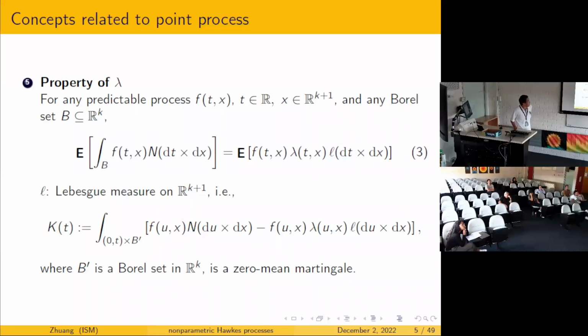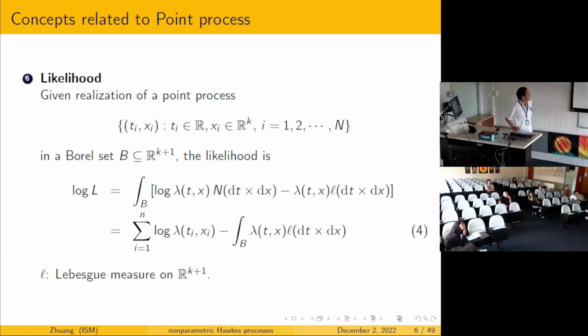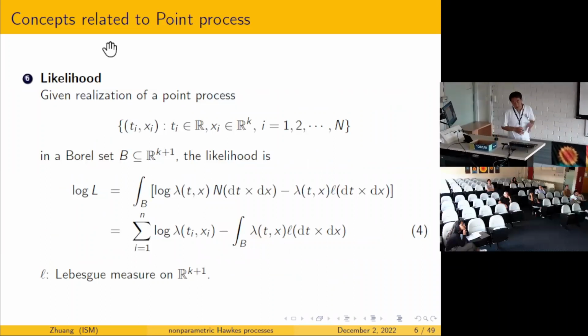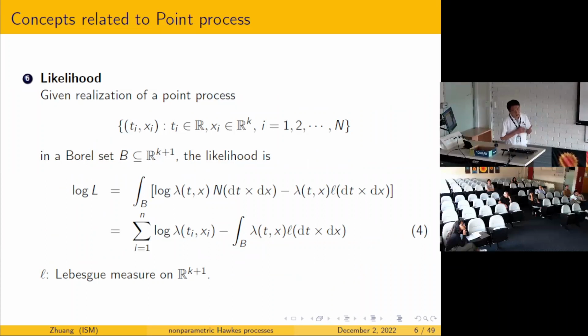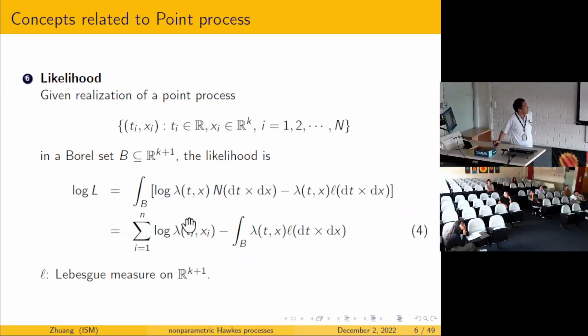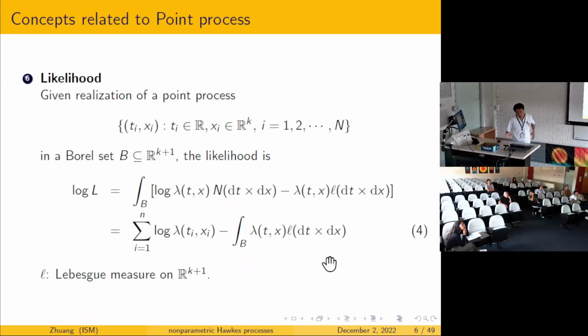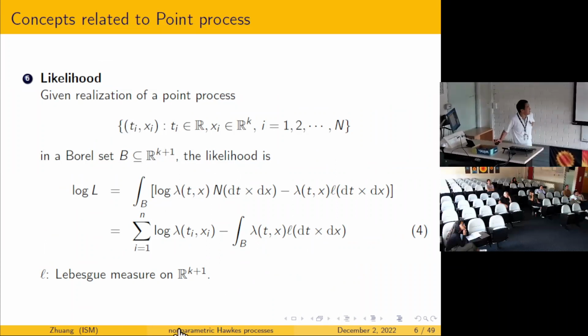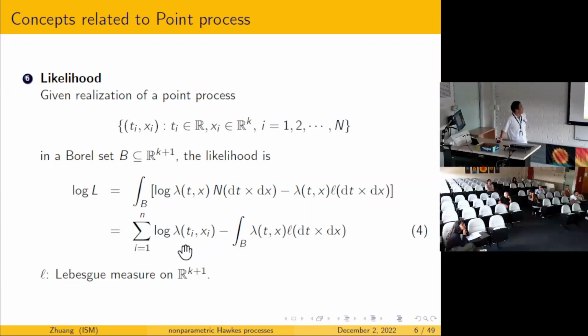Also, the likelihood of the point process can be written in closed form if we know the conditional intensity. This is the typical form. It is almost the same as the likelihood function for the Poisson process, but what lies behind it is quite different from the Poisson process. This is more general.